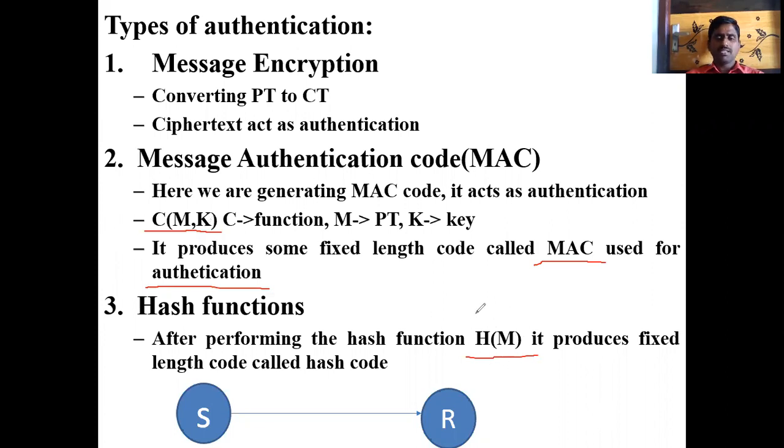There are different hash functions. We will perform the hash function, which will provide a fixed length of code, and that is called the hash code. And this hash code acts as the authentication.